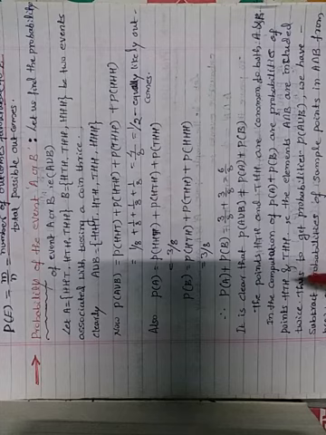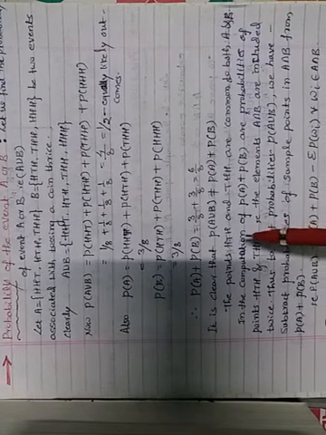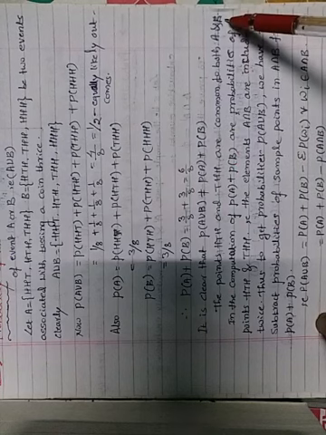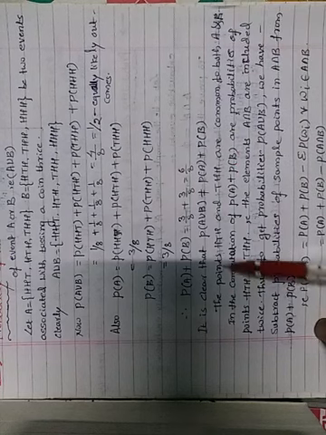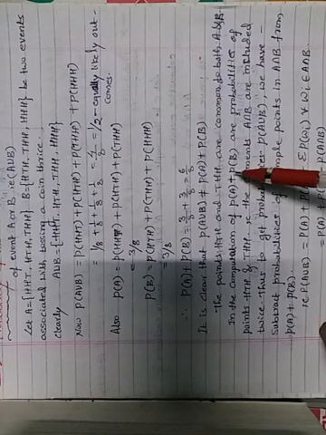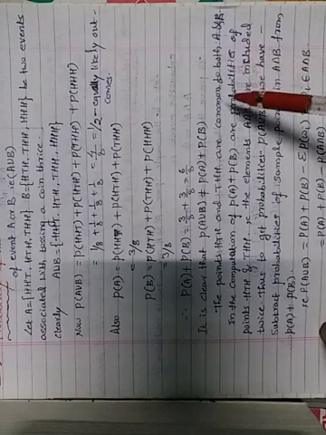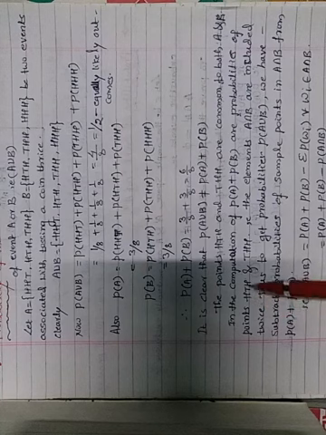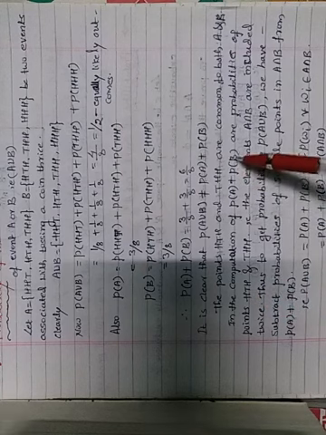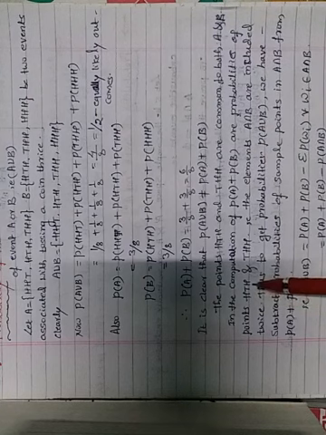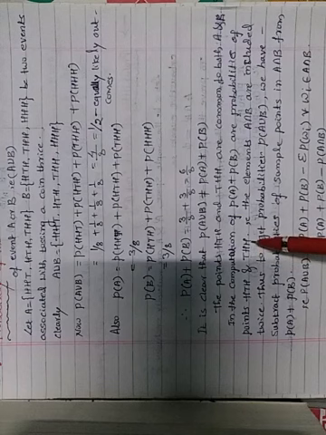But one thing, the points HTH and THH are common to both sets A and B. Therefore, in the computation of probability A plus probability B, the probabilities of the points HTH and THH are included.